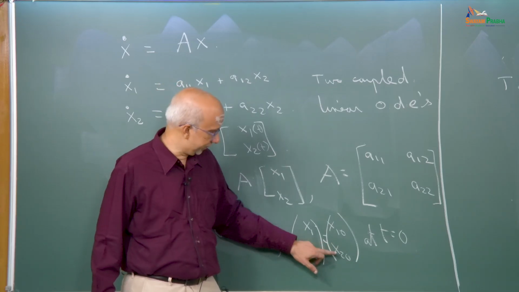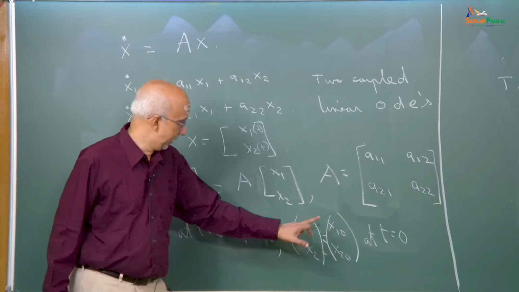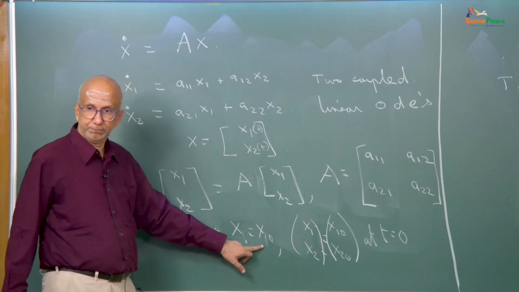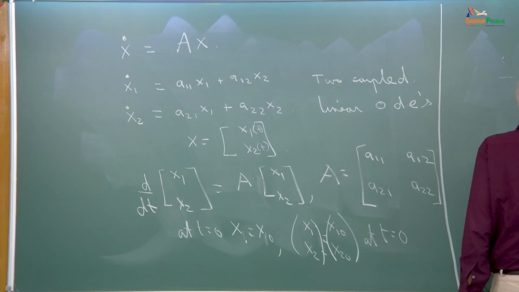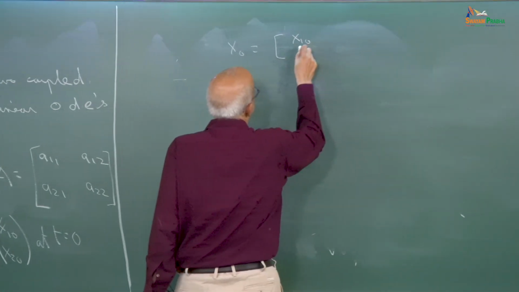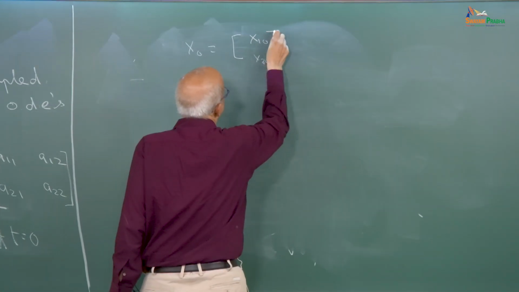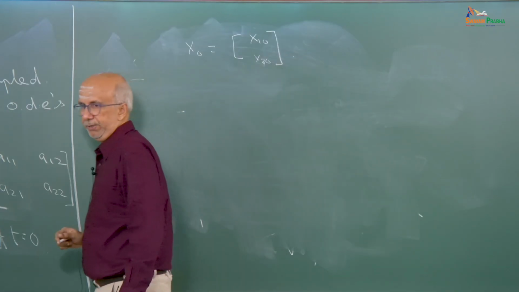So, this x1(0), x2(0) is known to me. This vector is x0. So, x0 is x1(0), x2(0).